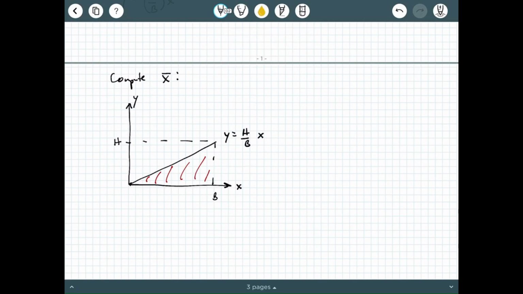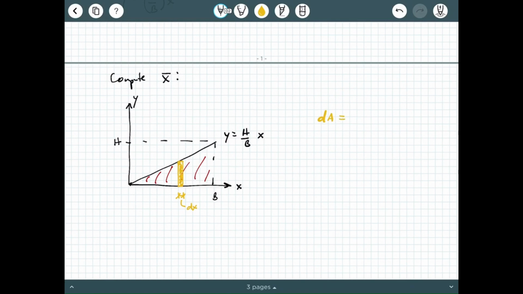The first thing we need to figure out is what is dA. I'm going to look at this little area slice right here, and say that is dA. This area slice has a width of dx, so this is an infinitesimal slice of area. Now, we also need the height.